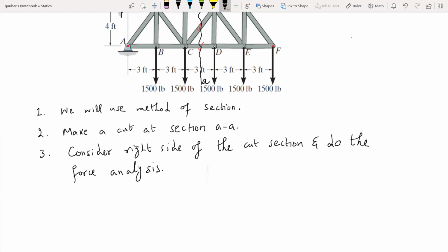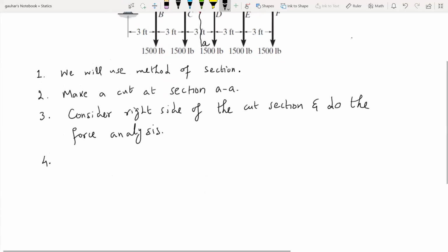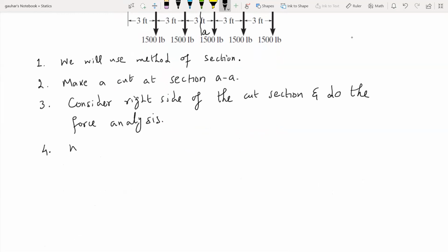Next, do we need the support reactions? Because we are taking the right side and the supports are on the left side, we don't need the support reactions. So we can write: we do not need to find support reactions because we are considering the right side.